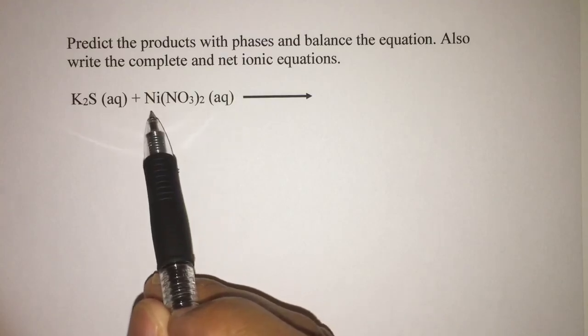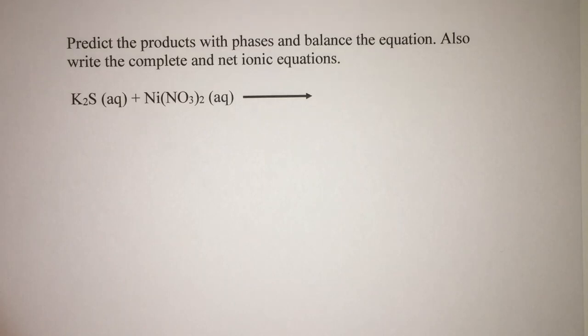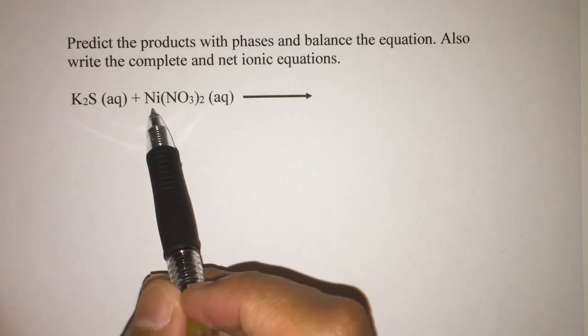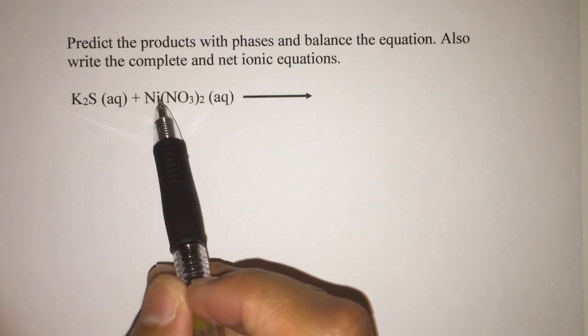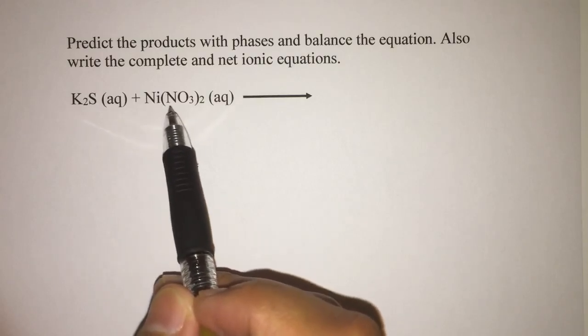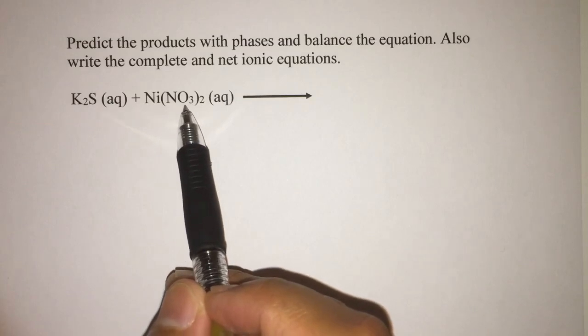Now, nickel is a transition metal, and so remember this is called nickel 2 nitrate. How do we know it's nickel 2 nitrate? Remember from chapter 2, with the transition metals, we need to know what the charge is. So nickel is one of those transition metals. I don't know the charge, but I do know the charge of the nitrate.